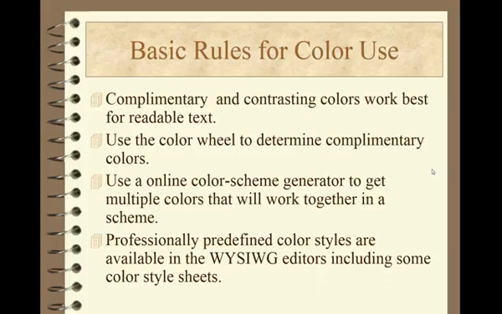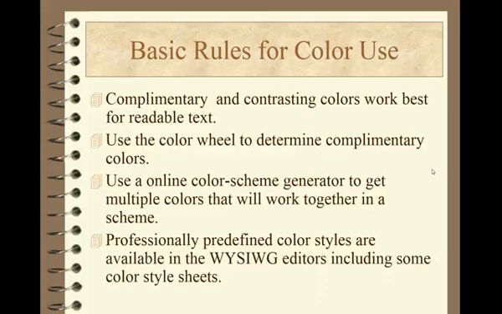So just like the complementary colors give you the most contrast, you'll often see a sort of triune kind of arrangement where you pick three colors on the wheel that are 120 degrees away from each other. And then there are also systems where you can pick four colors, which are 90 degrees, etc. So if you look at a color scheme generator, it'll give you a set of colors to work with that are harmonious.